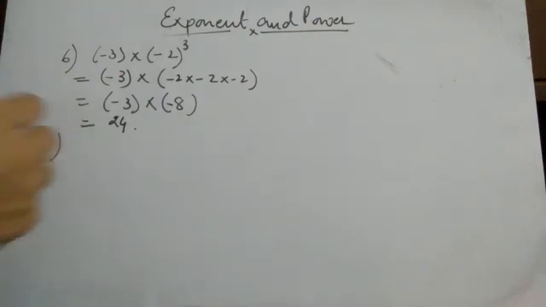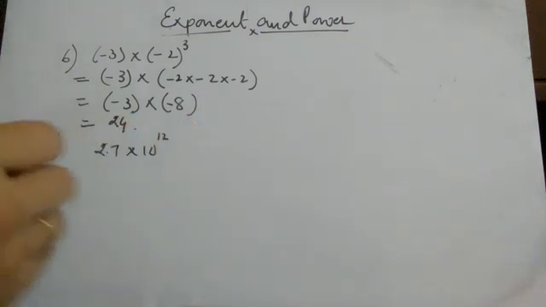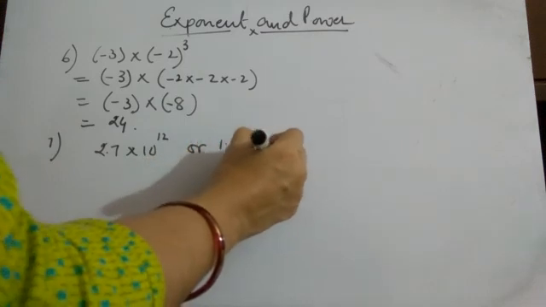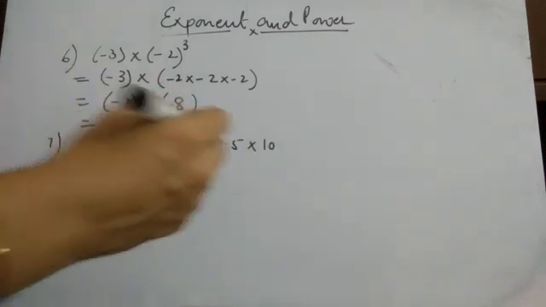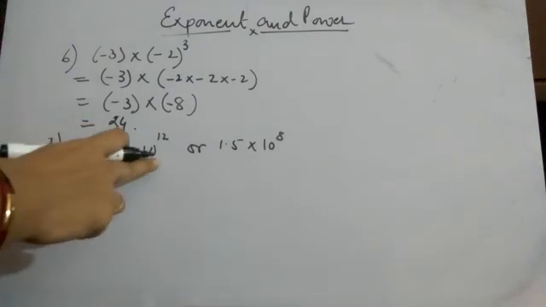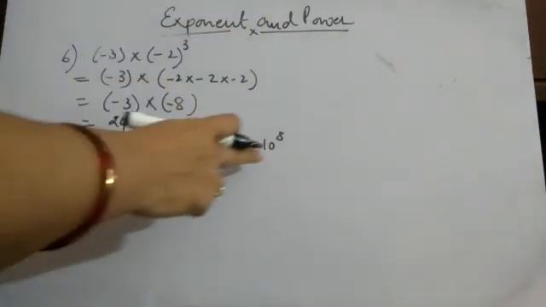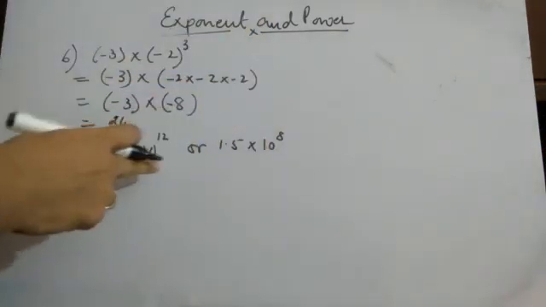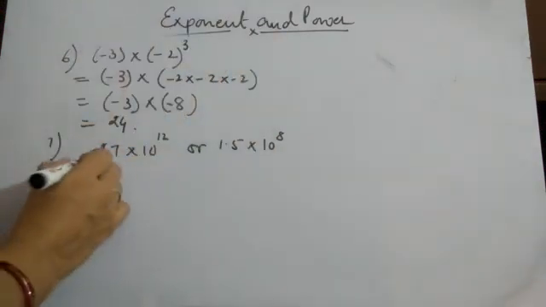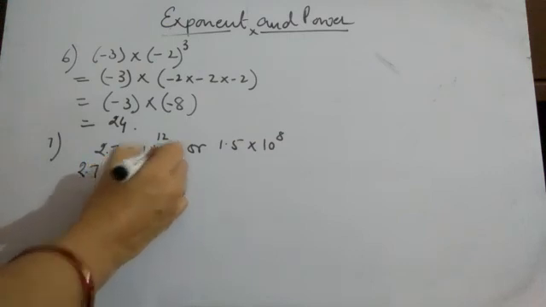The next example: compare 2.7 into 10 to the power 12 and 1.5 into 10 to the power 8. Children, in such sums, our aim should be to convert the numbers into the same powers. The lesser power you cannot make more, the more one you can equate to this. So we can write 2.7 and 10 to the power 4 split from this.